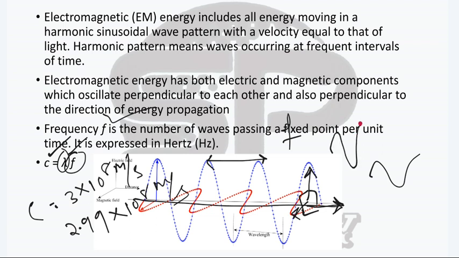This is how many waves pass through a particular point in a particular time, that is frequency, measured in hertz. So c equals lambda f is the basic equation.